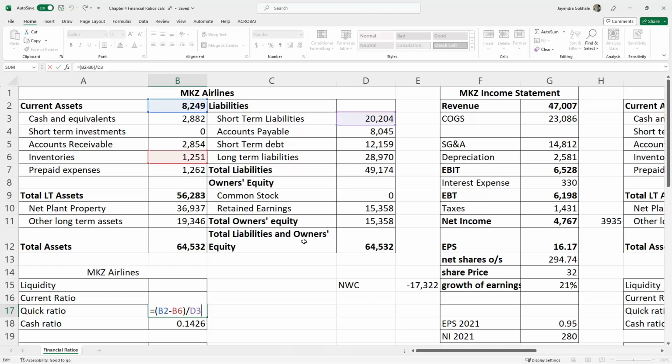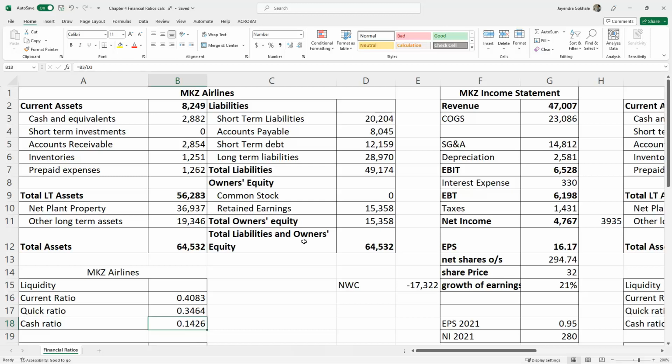So it is about 6,000 divided by 20,200, or approximately 0.35. And the cash ratio is simple, cash and its equivalents, B3, divided by short-term liabilities. So 2,880 divided by 20,200 is approximately 14.26%. So that's how we find out the liquidity ratios for MKZ Airlines.